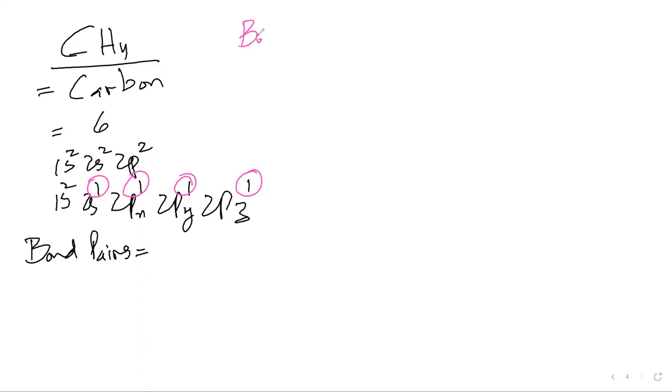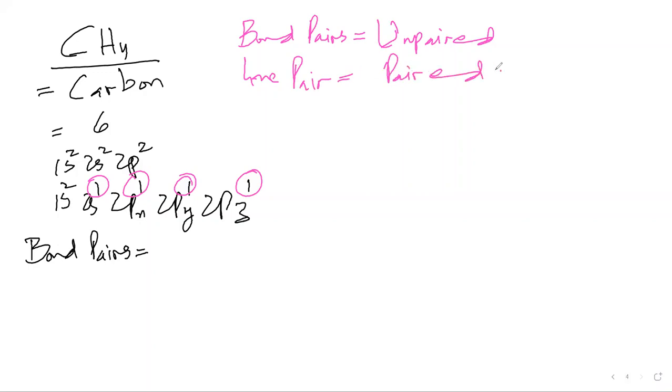The bond pair is always unpaired, meaning only singly occupied. And lone pair means paired, but in the valence shell, not in the inner shells. So bond pairs are 4 and lone pairs are 0.